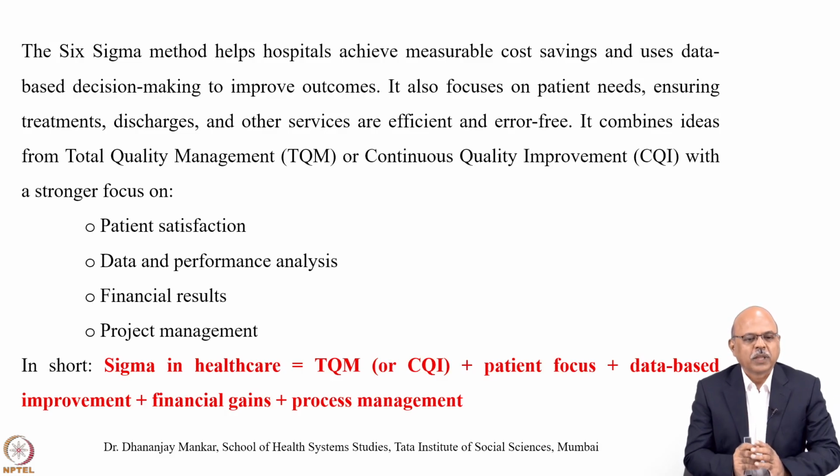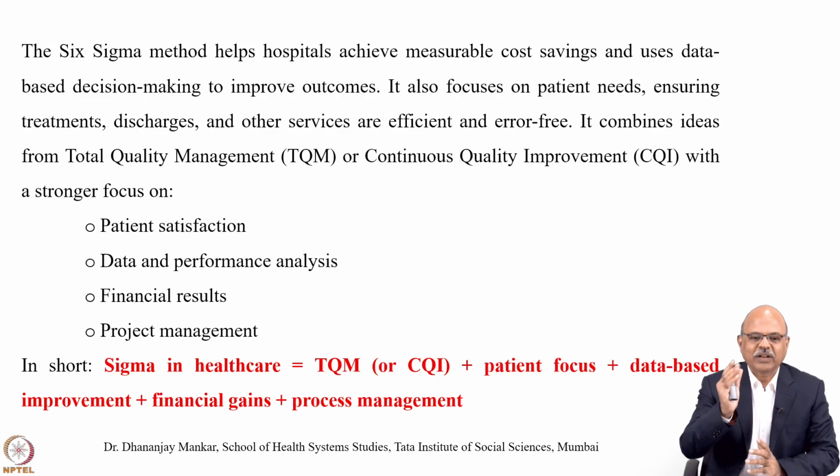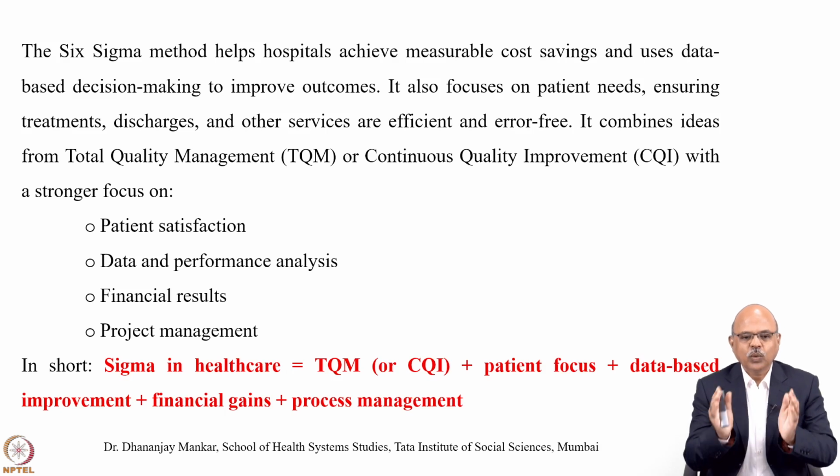In short, Six Sigma in healthcare is TQM plus CQI, total quality management or continuous quality improvement, plus patient focus, plus data-based improvement, plus financial gains, plus process management. So it's an equation of taking all these things. So in short, you can say Six Sigma in healthcare is TQM plus patient focus plus data-based improvement plus financial gains plus process management.